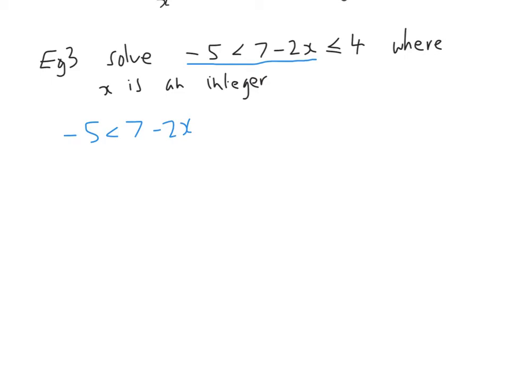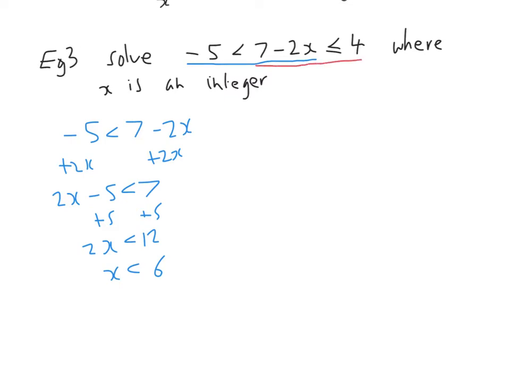The method we use to solve that would be to add 2x to both sides to get 2x minus 5 is less than 7. And then we add 5 to both sides to get 2x is less than 12, so x is less than 6. We then look at the second inequality, and this is where it tells us that 7 minus 2x is less than or equal to 4.